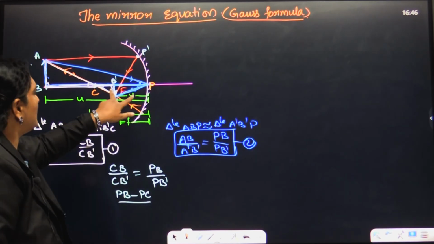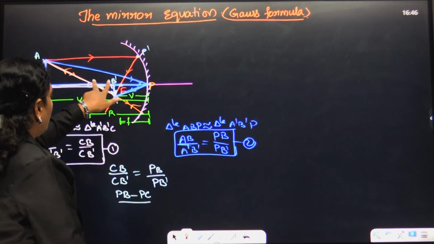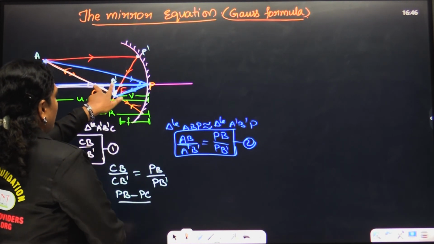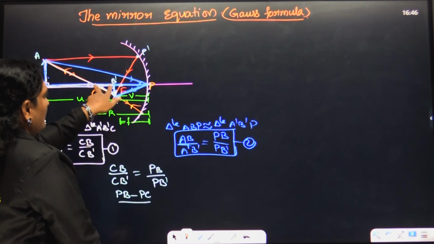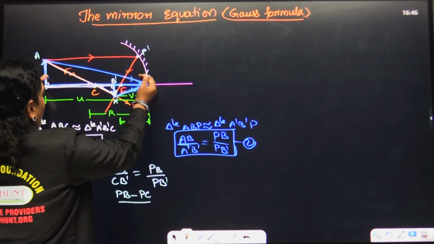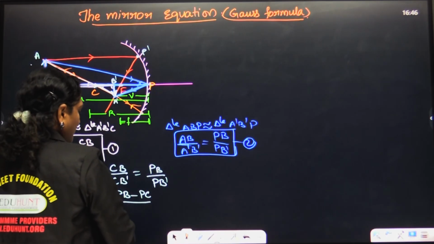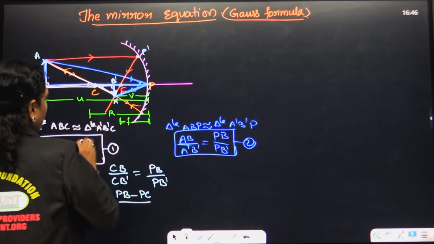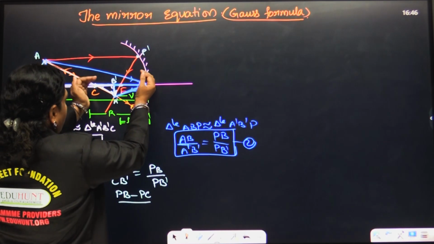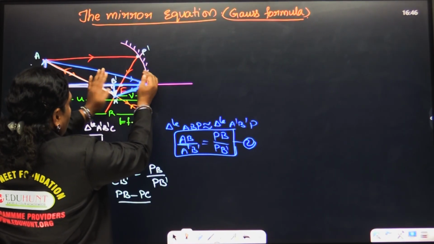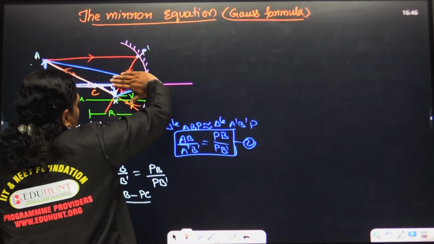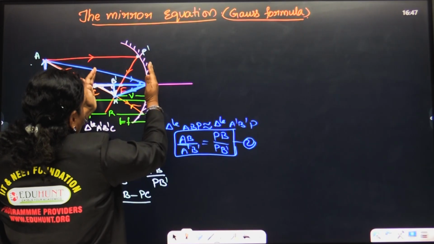Now moving to the CB dash, this portion. In order to get this CB dash, CB dash can be written as this total value PC minus this removed portion PB dash.